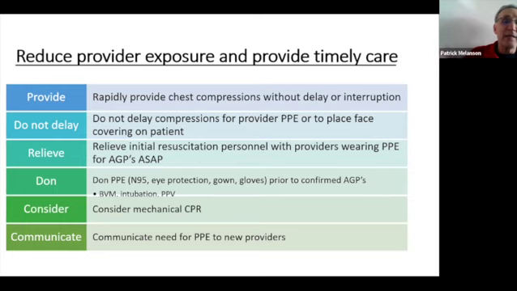So again, these recommendations coming out would be a change from our current practice, and we'll see if we do decide to change it.